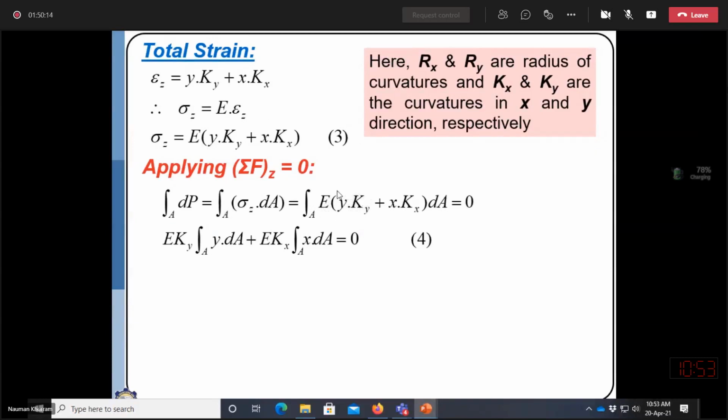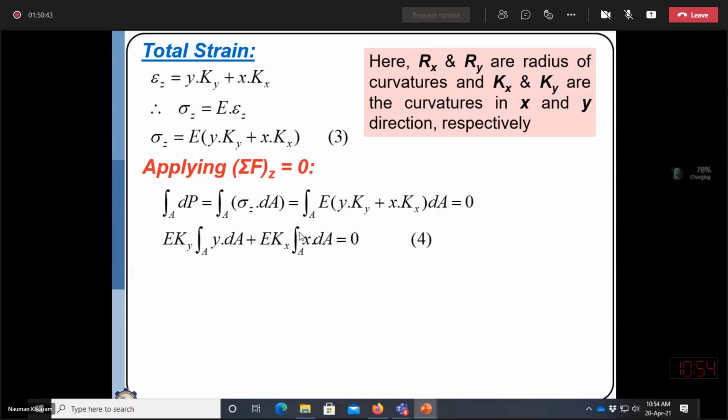E is the material property and ky is the parameter which is also constant due to fixed or applied loading, because if Mx and My are known, they will be constant, so they will produce constant ky. If we take these two constant parameters outside, then we will have the factor integral of y into dA.